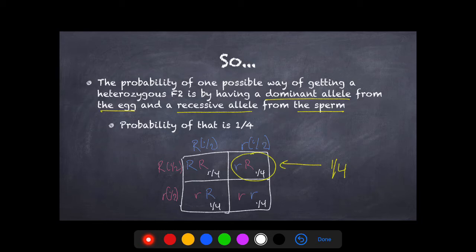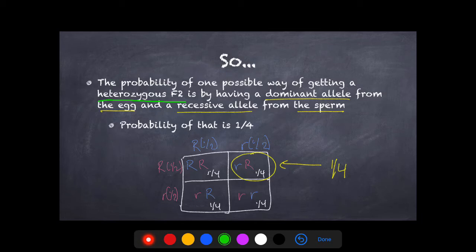So for example, one possible way to find this out is to find out how we can get a heterozygous F2 by having a dominant allele from the egg and a recessive allele from the sperm. And the probability of that would be 1/4.